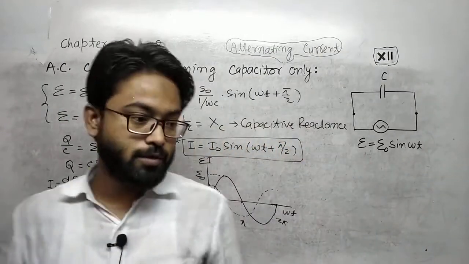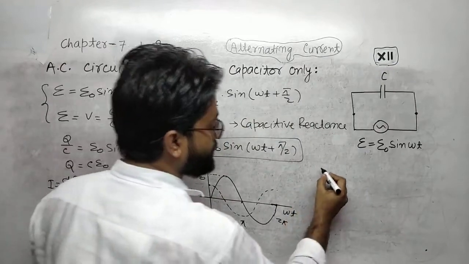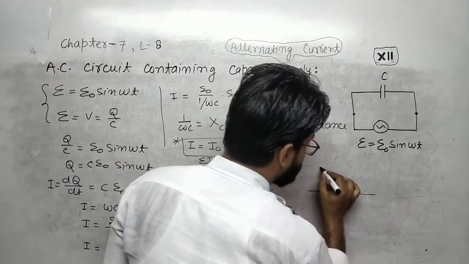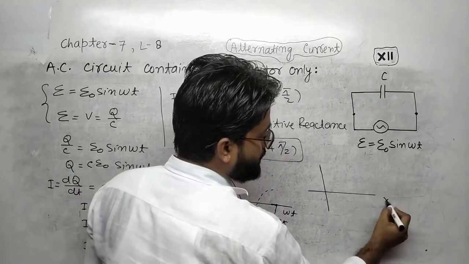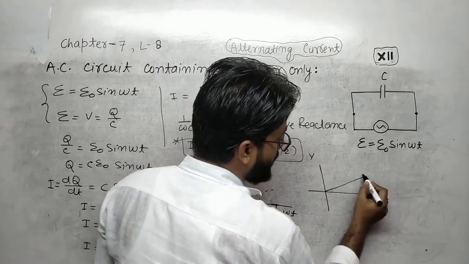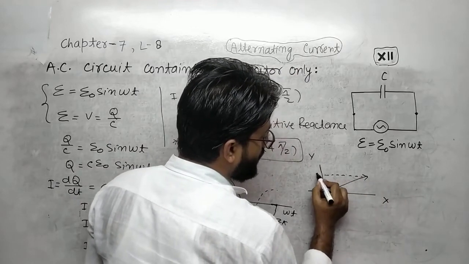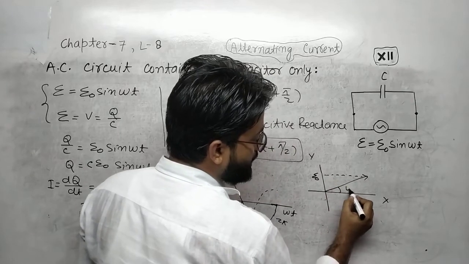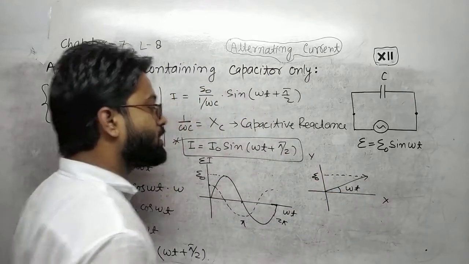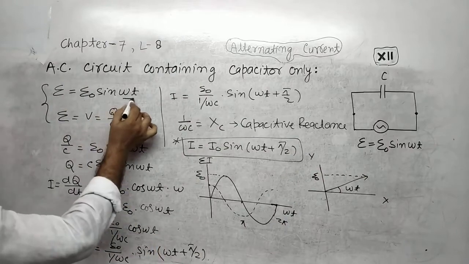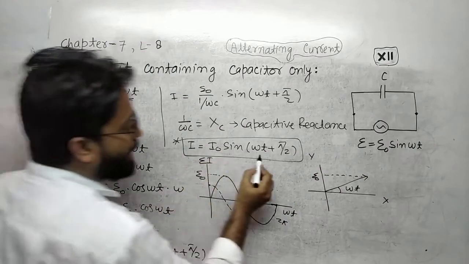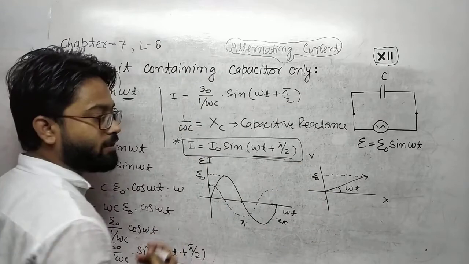Now let us move toward the vector diagram, or phasor diagram. This is x and this is y. This is E naught, and this is omega t, meaning E has phase omega t and I has phase omega t plus pi by 2.